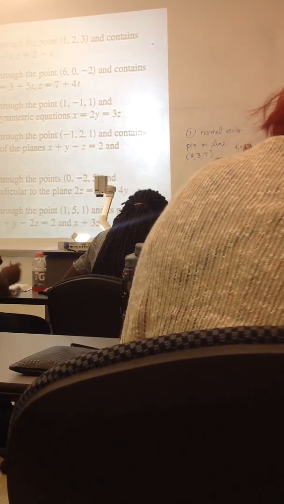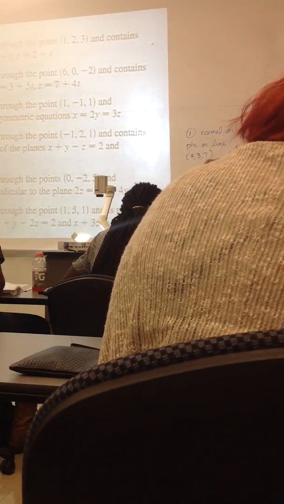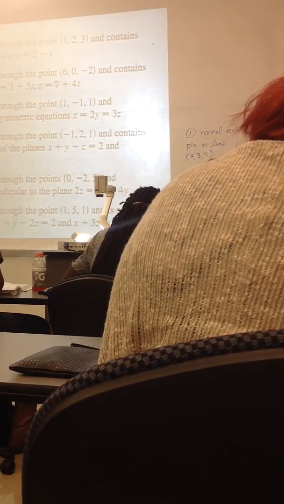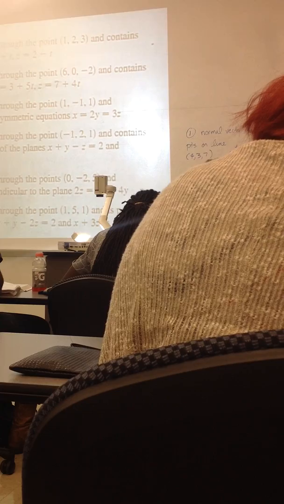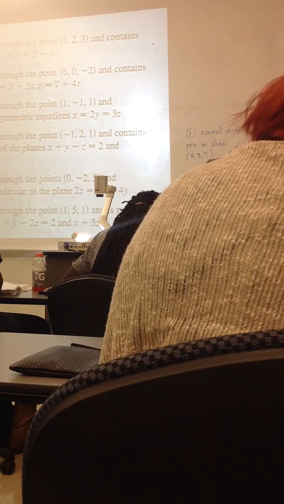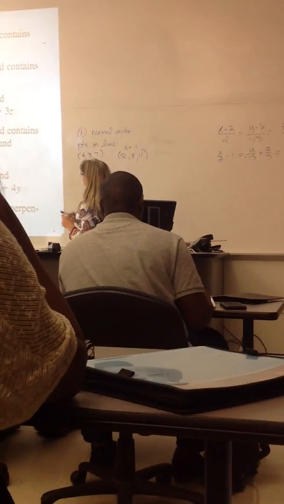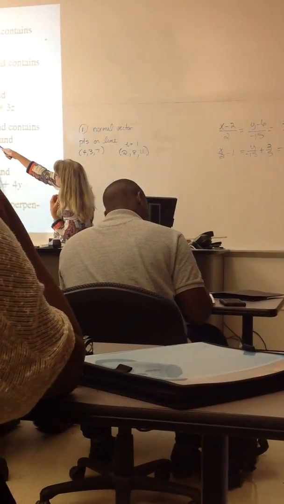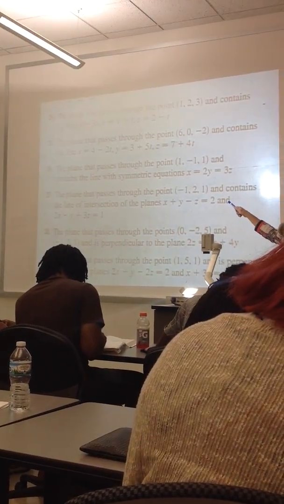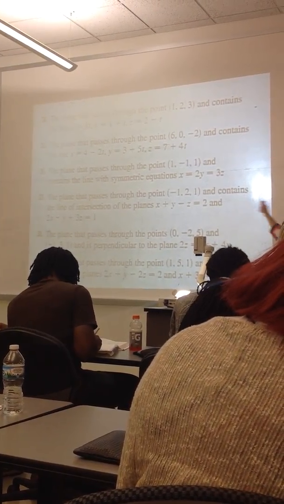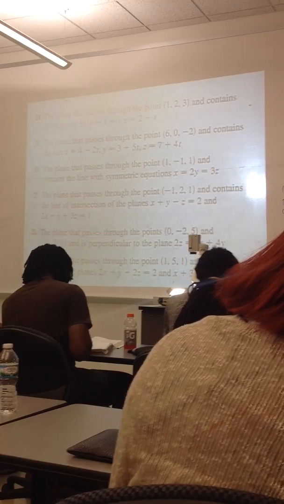Let t equal 1, and if t equals 1, then the point 2, 8, 11 is also on the line. I put 1 in for t, and so 4 minus 2 is where I got the 2, 3 plus 5 is where I got the 8, and 7 plus 4 is where I got the 11.